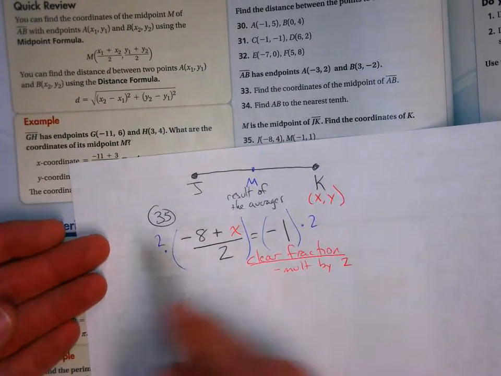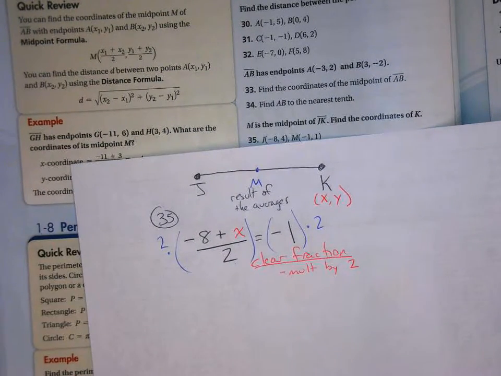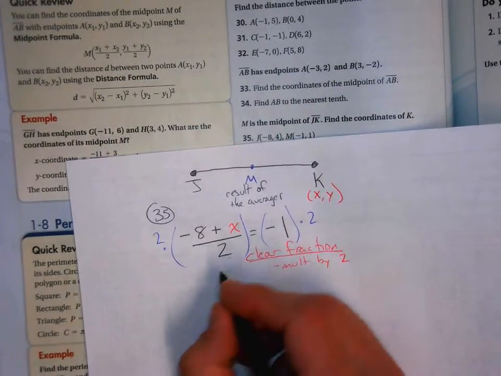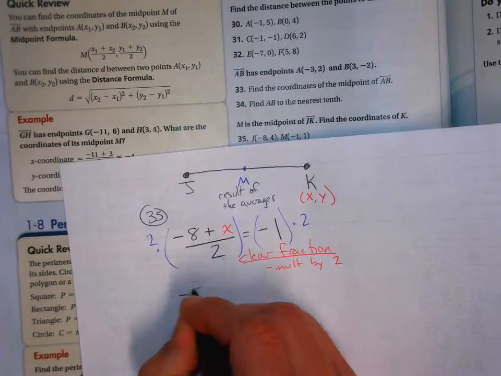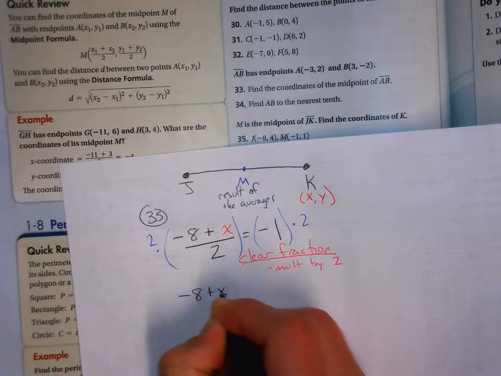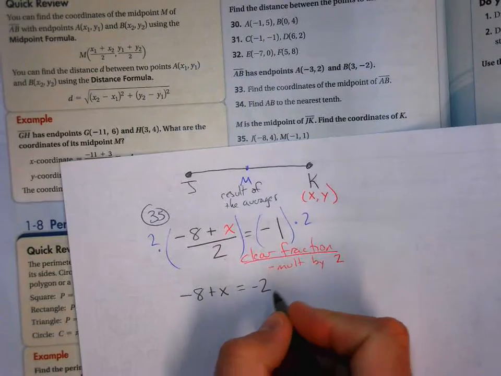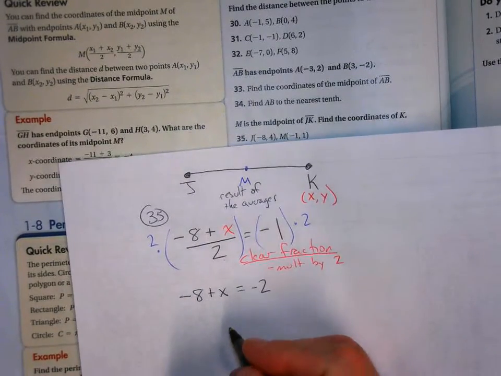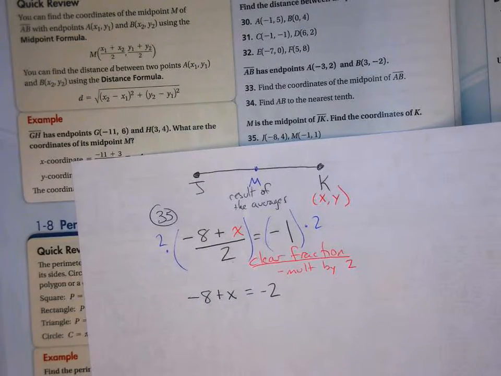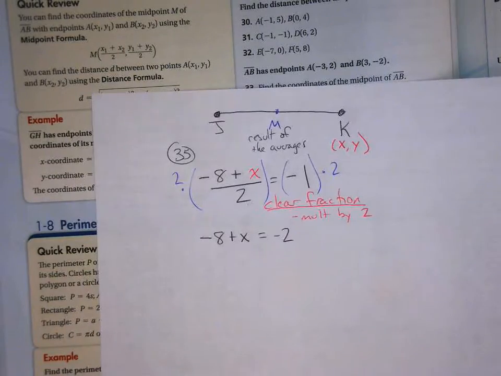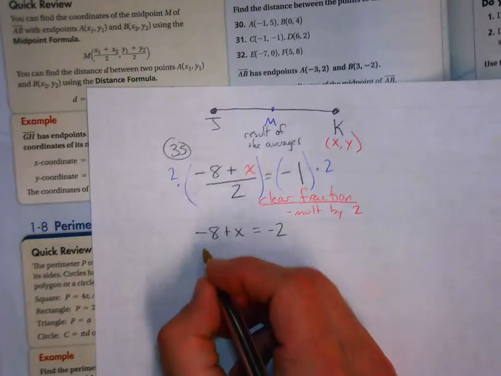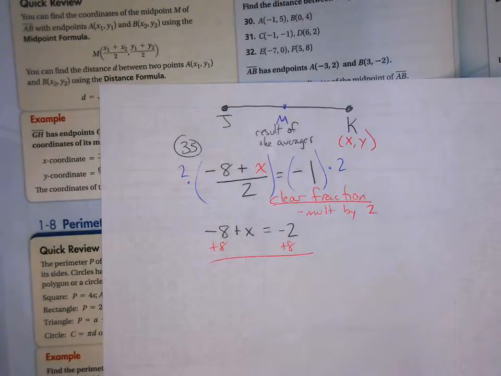Check it out. 1 times all that stuff, which doesn't make any impact. So it clears the fraction. What we'll be left with is negative 8 plus x on the left-hand side. On the right-hand side, negative 1 times 2, negative 2. All we have to do now is undo that minus 8. How do you undo a minus 8? Well, you add 8, right? Yay, x is 6.